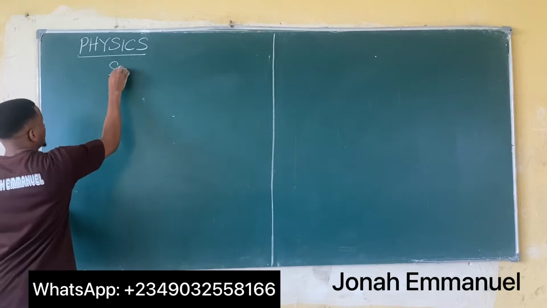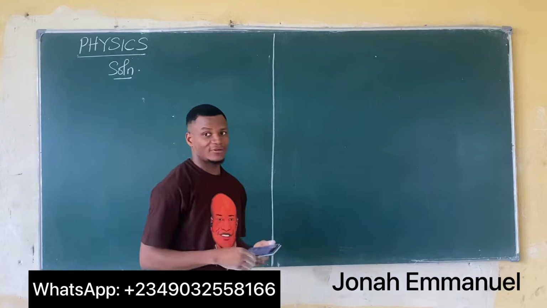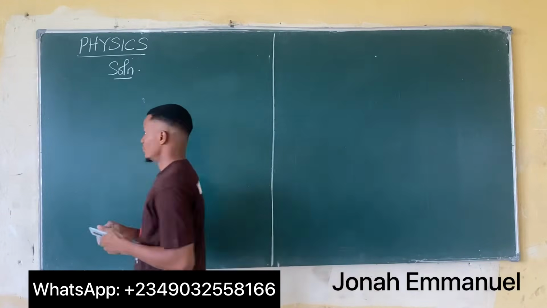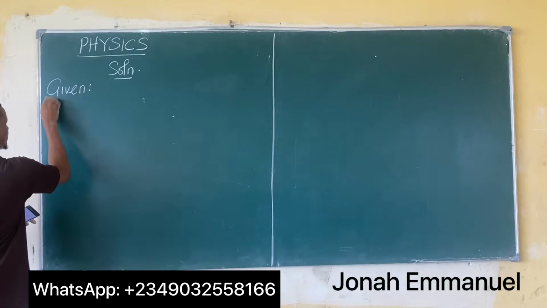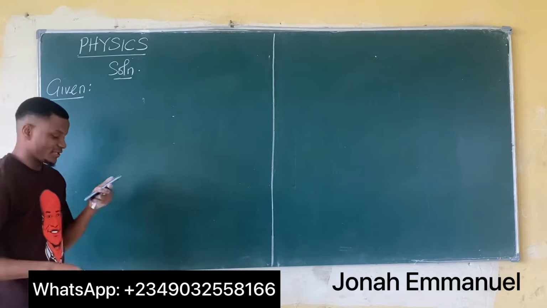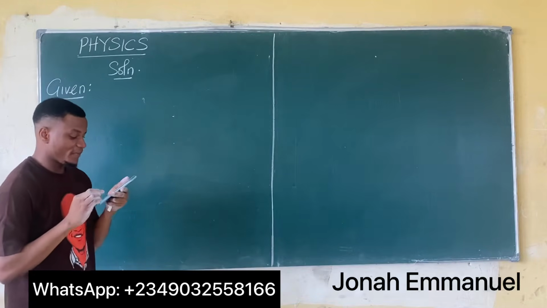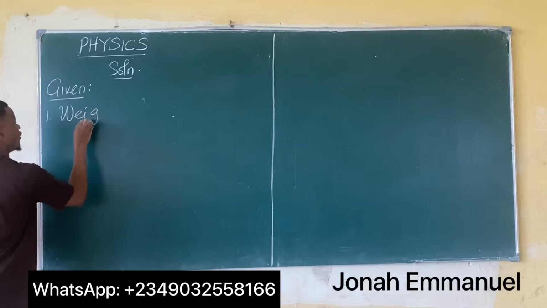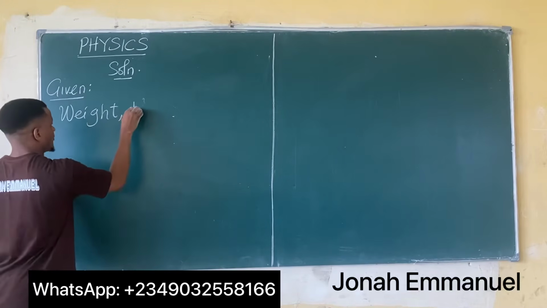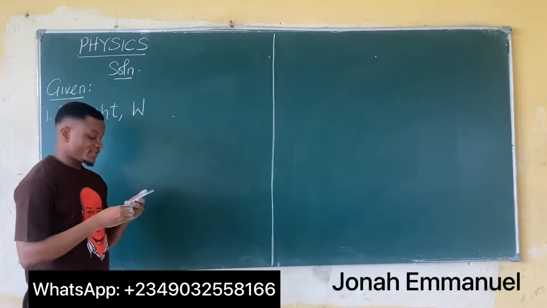As solution, as usual, our first task would be to list out the given parameters. So what are we given there? Going through the question again, it says calculate the pressure exerted on the ground by a person weighing, the first I'm given is the weight of the person, that's W. But observe that the weight is given as 70 kilogram.